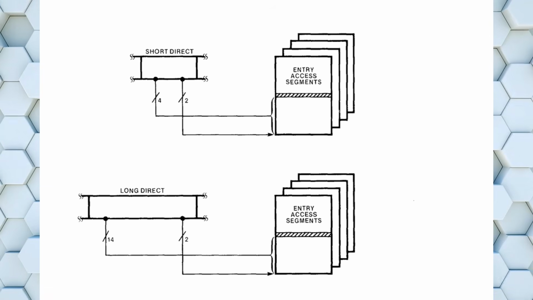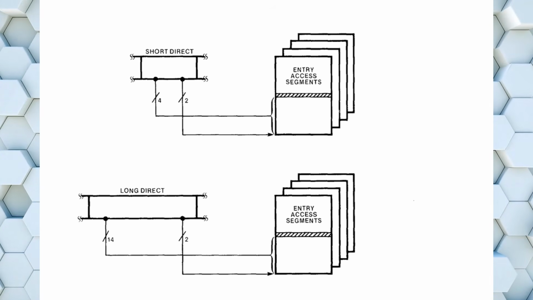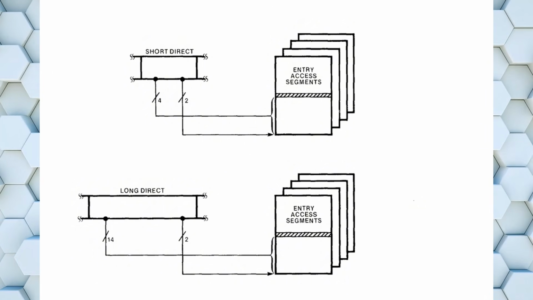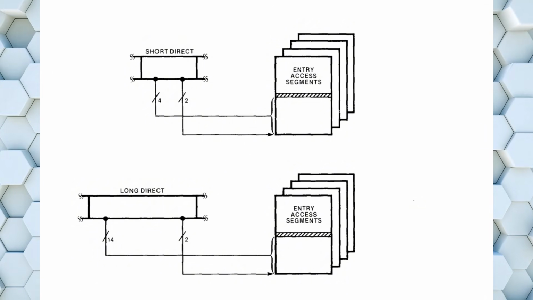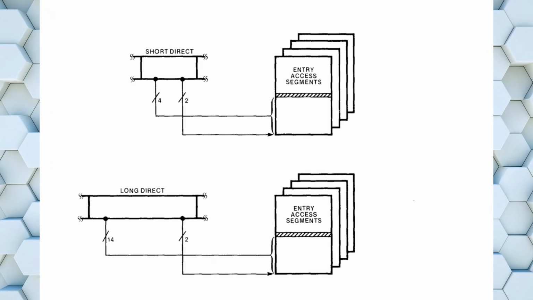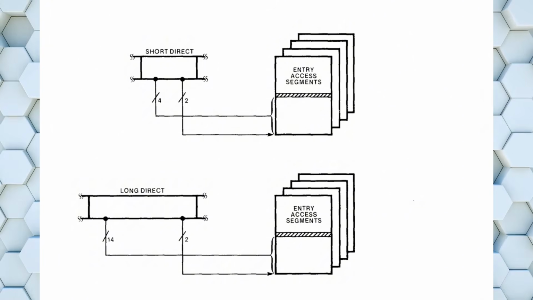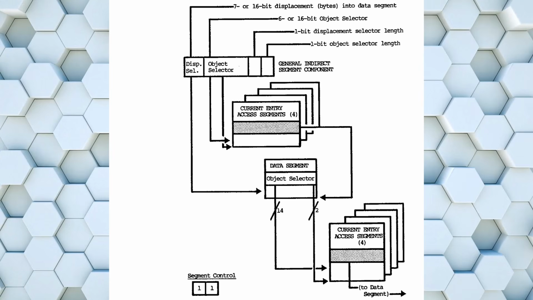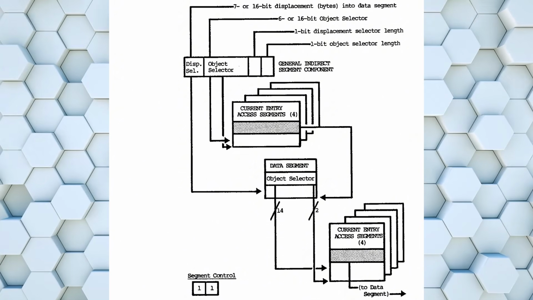The first mode for segment selector encoding is direct mode. An immediate value encodes 2 bits to choose the entry segment and 4 or 14 bits to choose an access descriptor for the target data segment. Another similar mode is to use the top of the stack instead of an immediate value from the encoded instruction. And a more complex way to reference a variable is indirect mode.